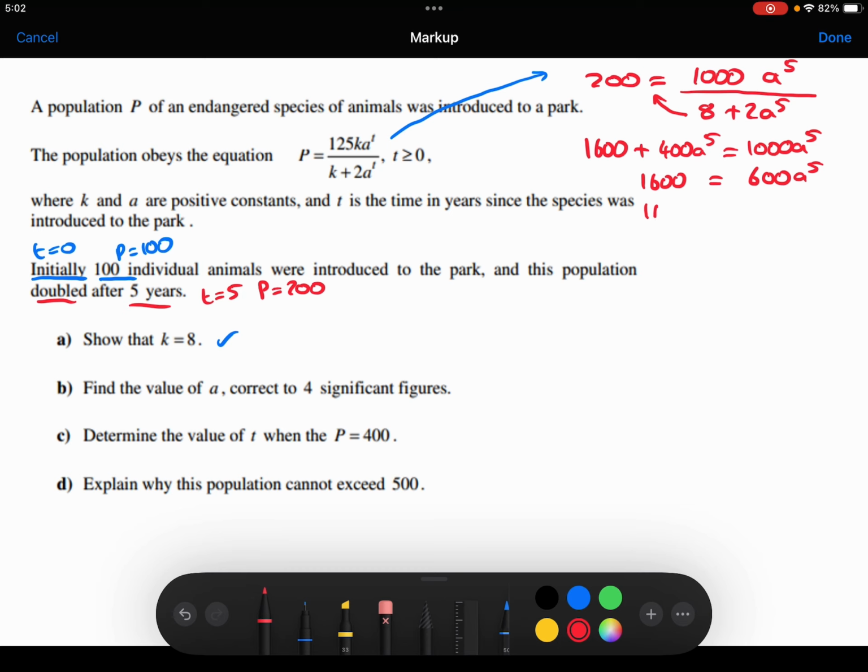Divide by 600. And then we're going to take the fifth root. To find that a to 4 significant figures is 1.217.